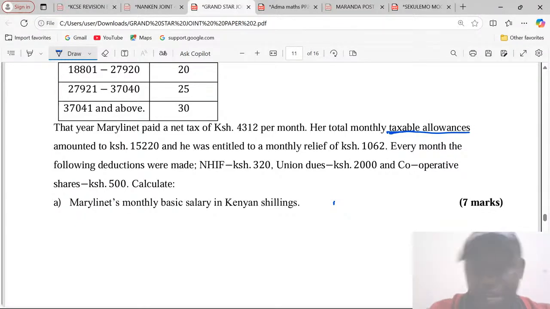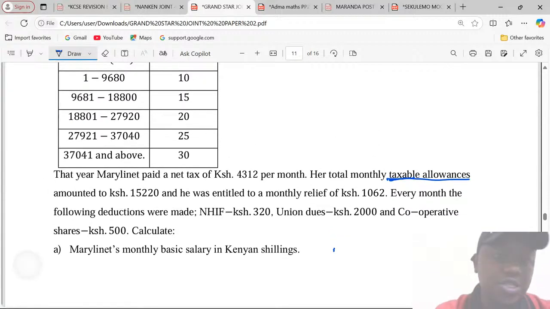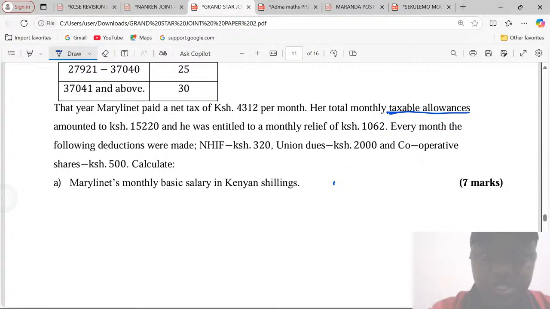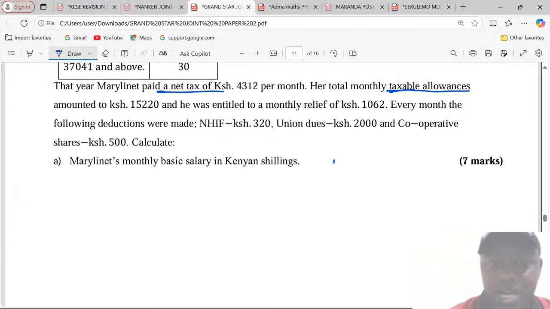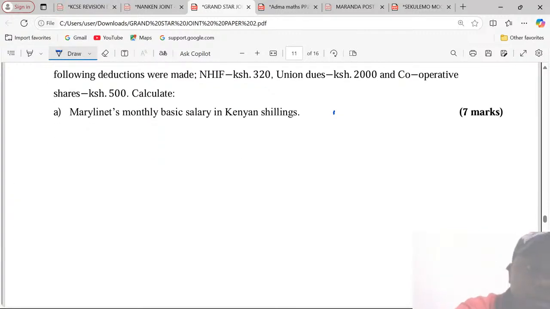Calculate part A, Marylinet's basic salary in Kenya shillings. Almost the same as what we've done, but a new question. Remember that we are only given the net tax. And that means from the net tax, we can also get the gross tax for Marylinet.